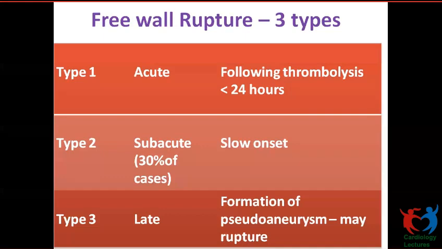So this can be classified into three types. Type 1 is acute, which follows thrombolysis within 24 hours. Type 2 is subacute, the slow onset. Type 3 is late, which forms a pseudoaneurysm, which may rupture later. Is there any relation to thrombolysis?